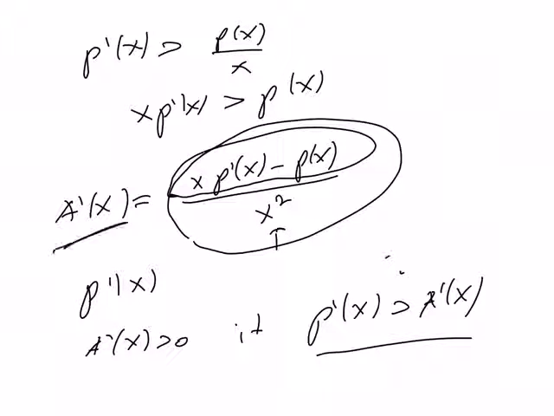And regardless, X is positive, because we're going to have a positive number of workers, so A prime of X is also going to be greater than 0. Okay, so that was problem 29.